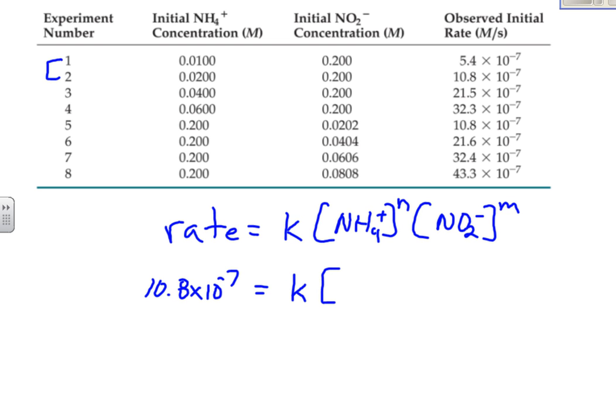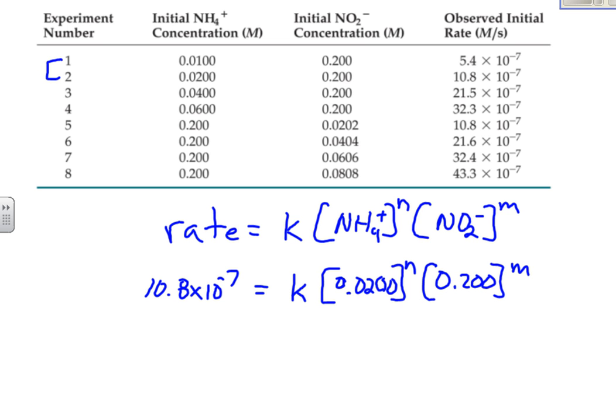I'm going to put in the concentrations here: 0.01 raised to the n power and 0.200 raised to the m. I made a mistake here. Let's fix that. All right, so there are the values filled in for experiment number 2.